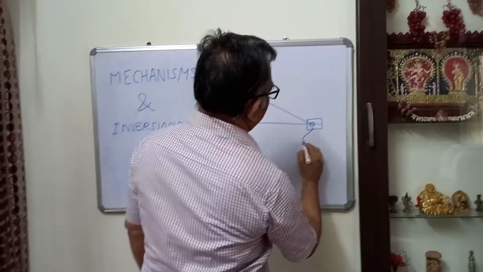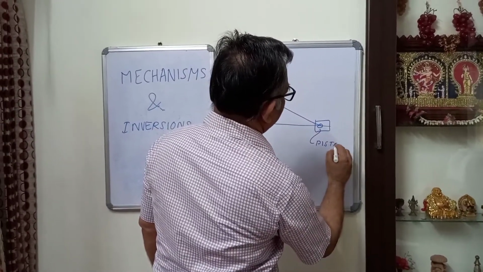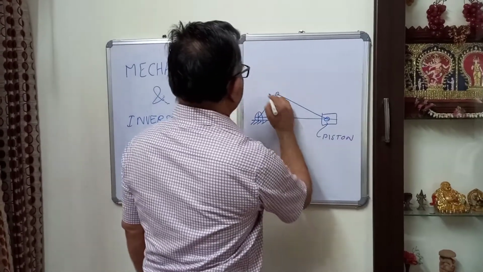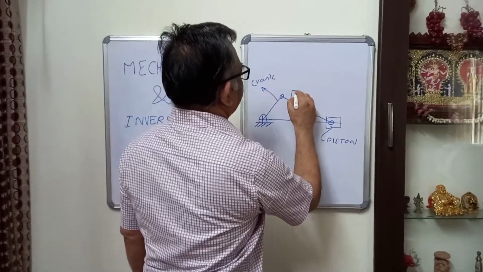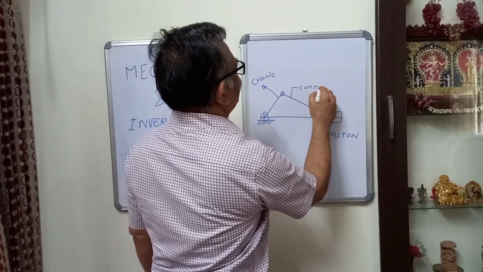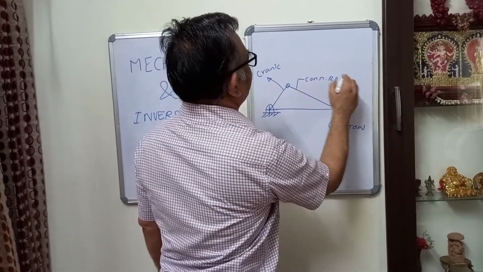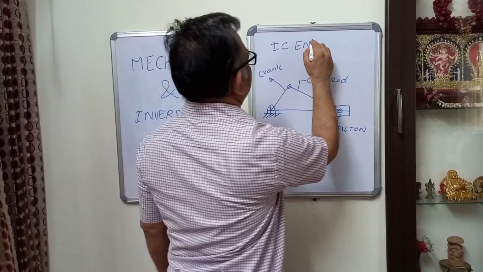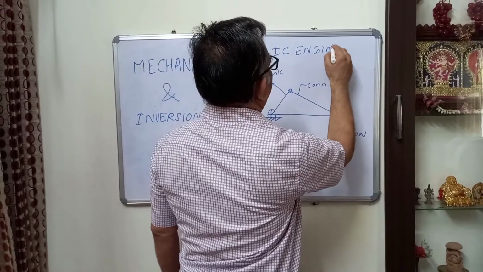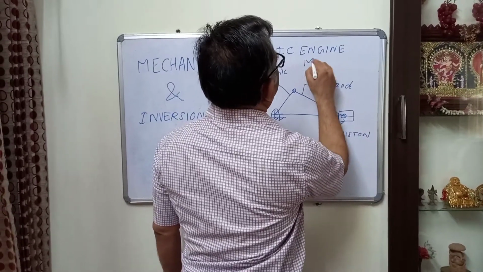So this is piston, this is crank, and this is connecting rod. This is IC engine mechanism.